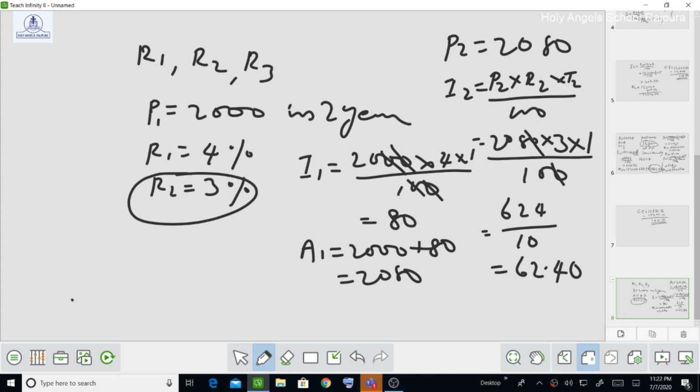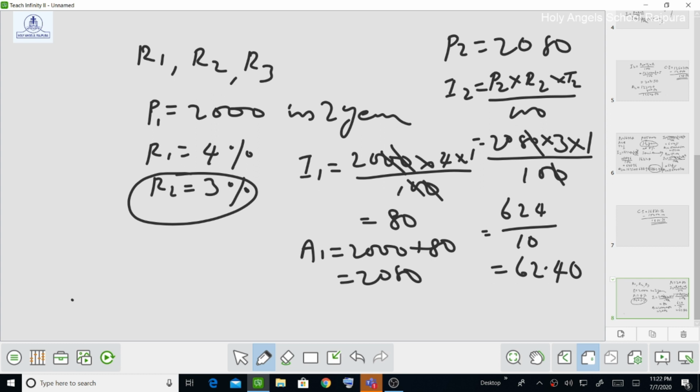So 62.40 is the interest on this principal. 2080 is the principal for the second year, and the interest earned in the second year is this.